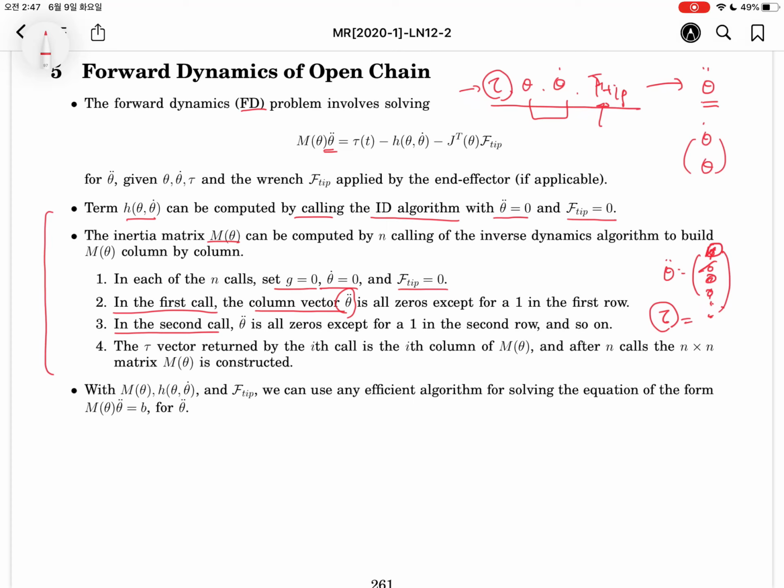Actually, I have explained it before. So the tau vector returned by the ith call will be corresponding to the ith column of the inertial matrix. After n calls, the n by n matrix is constructed. Okay? It is a very efficient way to obtain the inertial matrix.